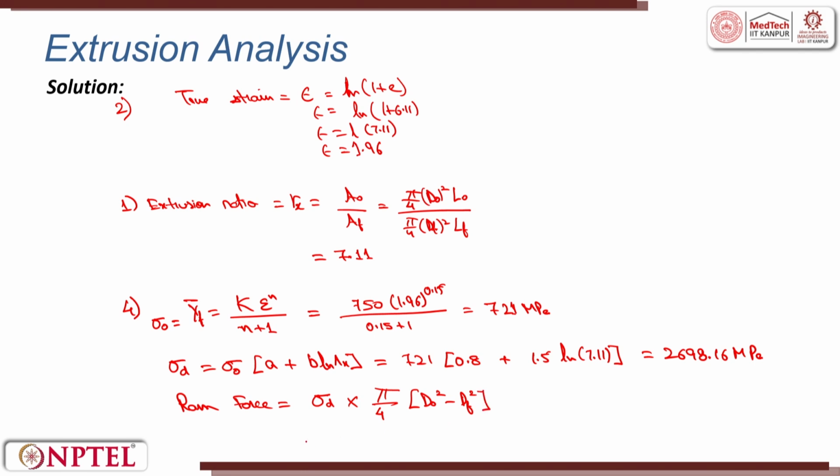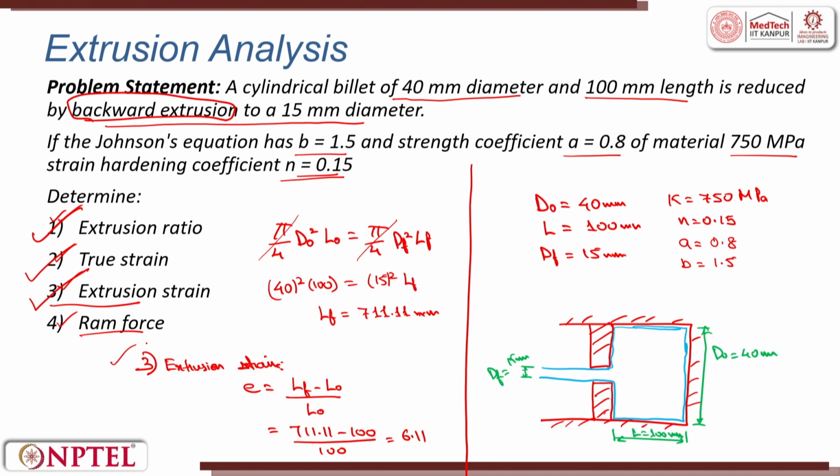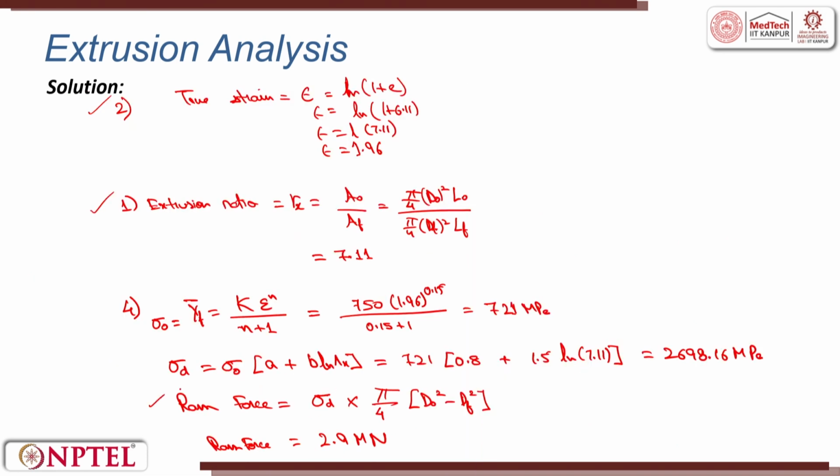So if we put down all the values, this value comes out to be 2.9 meganewton. This is my ram force. So just using the relations which were given in the previous lectures, I have calculated the 4 unknowns, that is extrusion ratio, true strain, the extrusion strain and ram force.